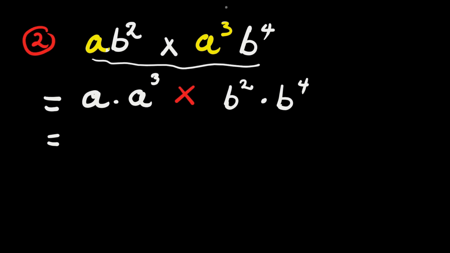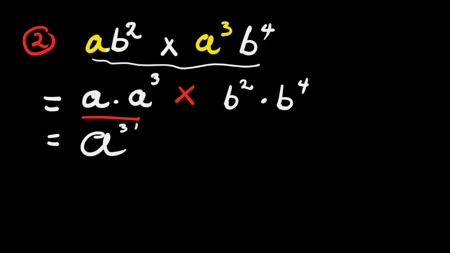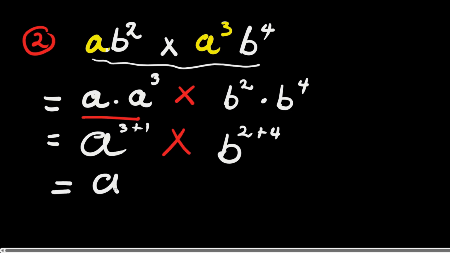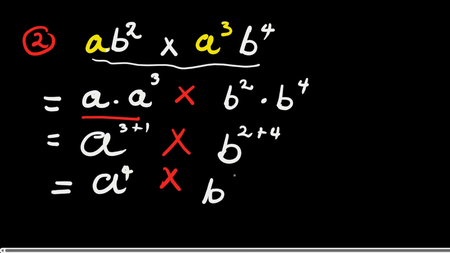So from here, with such an arrangement, we can easily solve it. Our answer has to be a to the power 3 plus 1, multiplied by b to the power 2 plus 4, which is equal to a to the power 4 multiplied by b to the power 6.